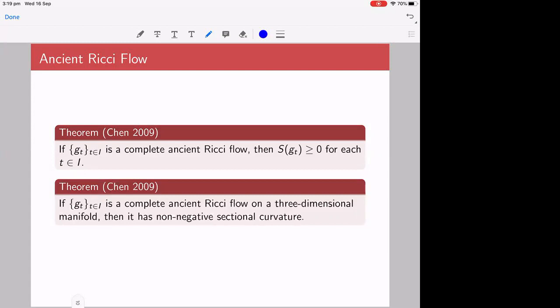If you happen to have a complete and ancient Ricci flow on a 3-dimensional manifold, then it has to have non-negative sectional curvature. As far as I can tell, the proof of this is akin to the proof of the fact about the scalar curvature. Again, I think this would be a cool thing to go through, but we won't do it now, but I will still be using these results.